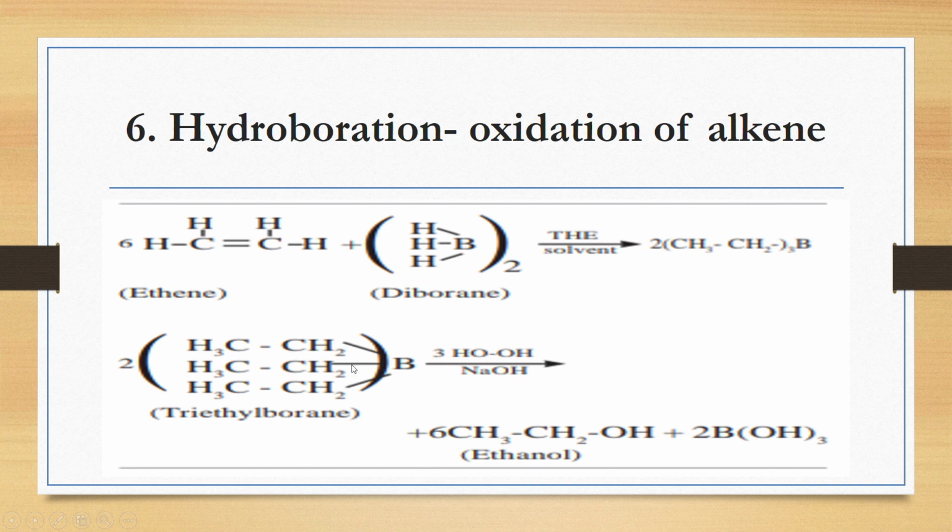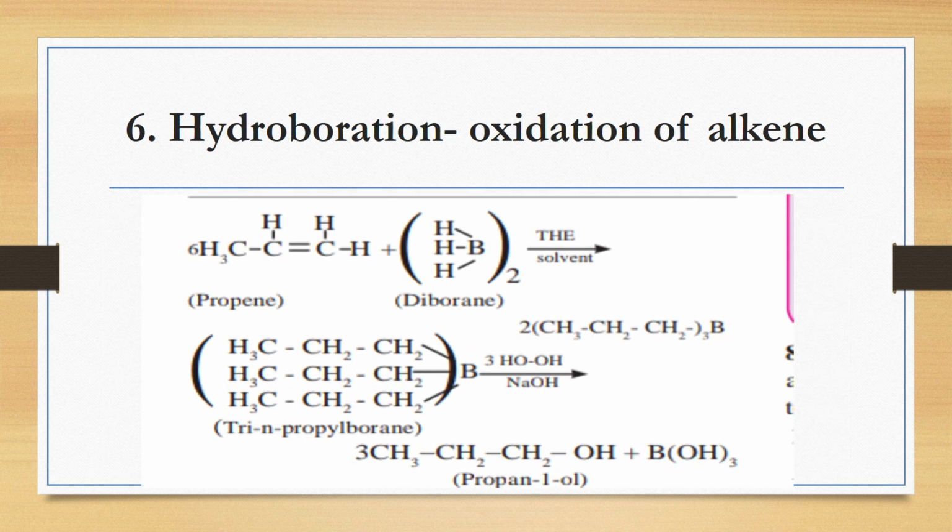So we'll get these 3 OH groups attached to these 3 carbon atoms forming ethanol, and the remaining 3 OH groups going with boron forming B(OH) thrice. So likewise, primary alcohols are formed through the hydroboration oxidation reaction of alkenes.